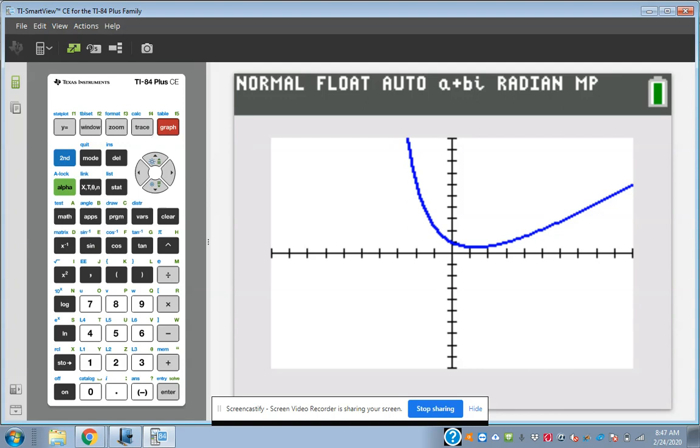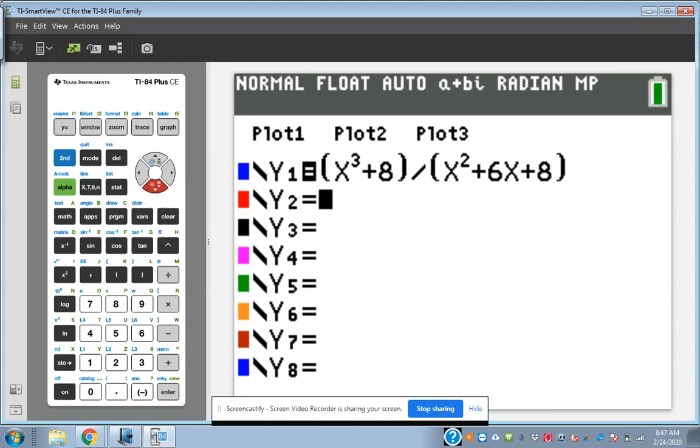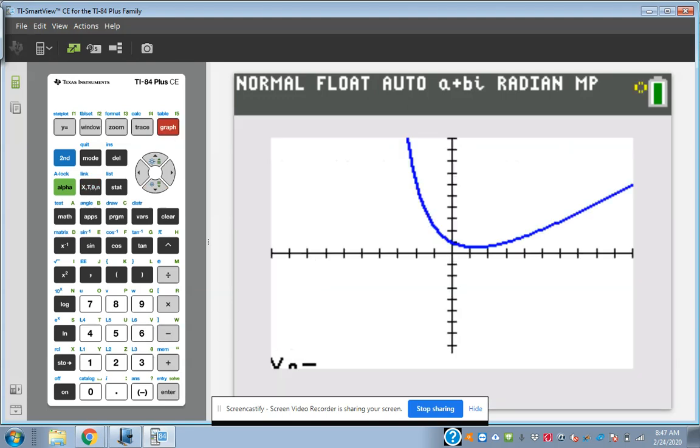1, 2, 3, 4, 5, 6. Slope of 1, so that should intersect it. Looks about like that, right? And we see that line's kind of shaped by that. We could actually even graph that oblique asymptote if we wanted to on y2, so x minus 6, hit graph, and we can see that's shaping the graph.